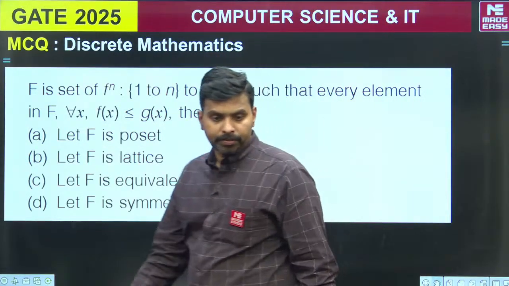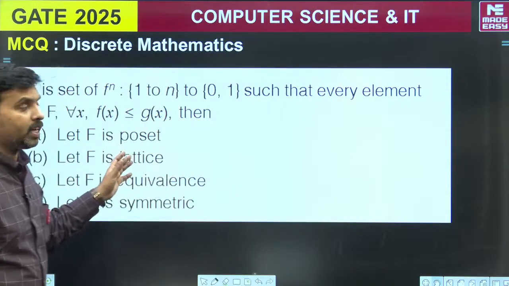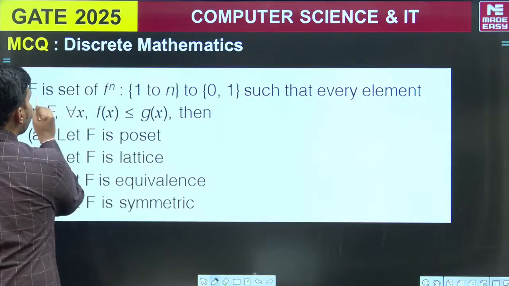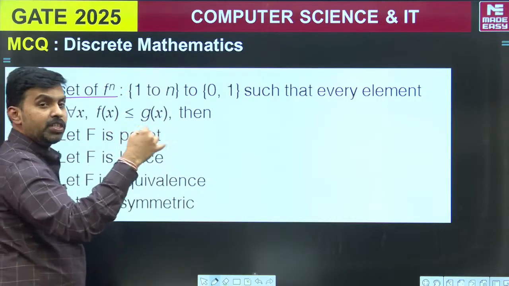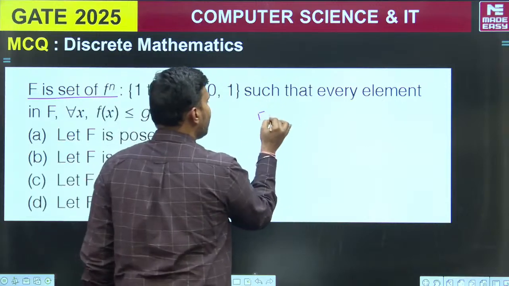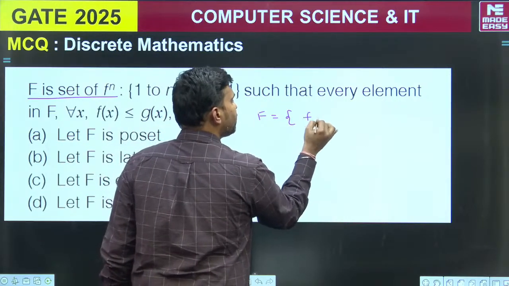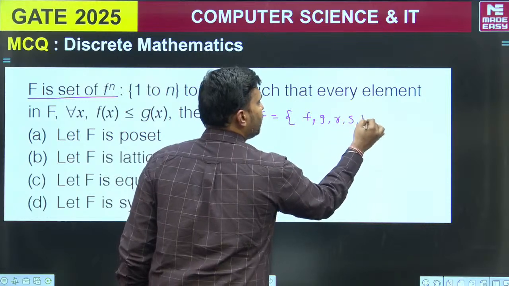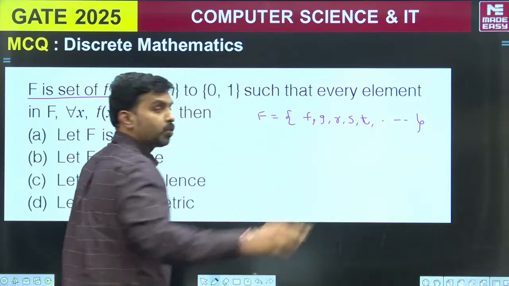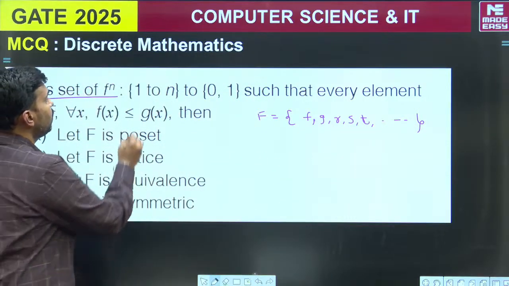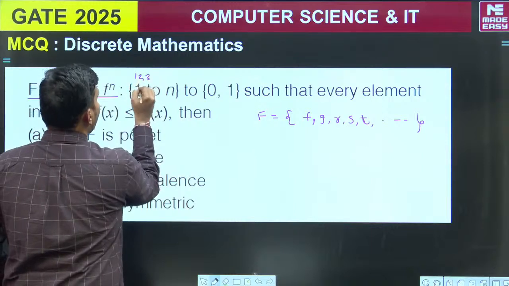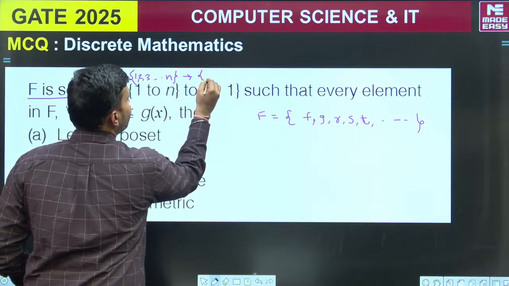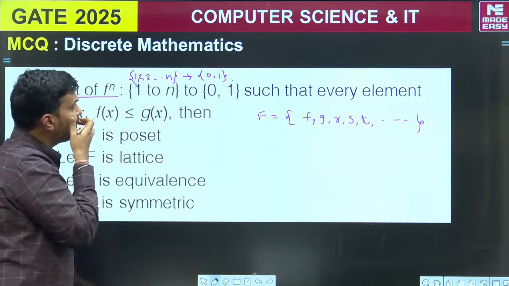Next one is the poset lattice question. Look here, f is a set of all functions. So f contains the set of all functions like f, g, r, s, t, and so on, a lot of functions, between sets like 1, 2, 3 and so on, here only the set with 0 and 1.